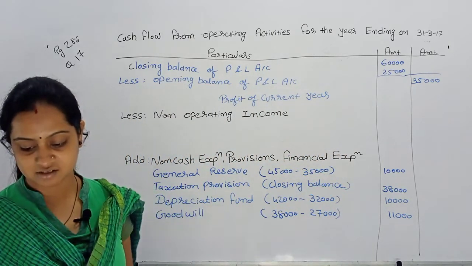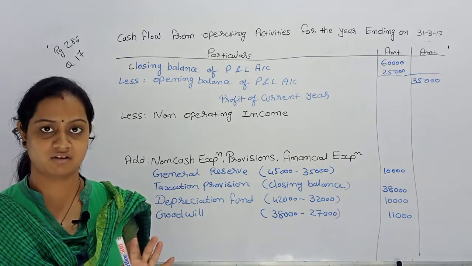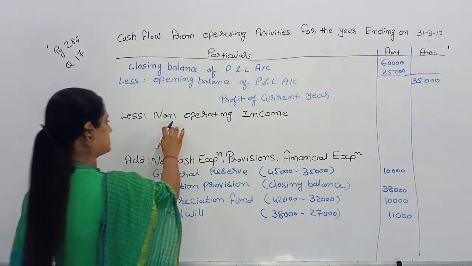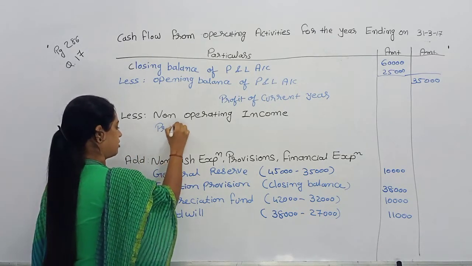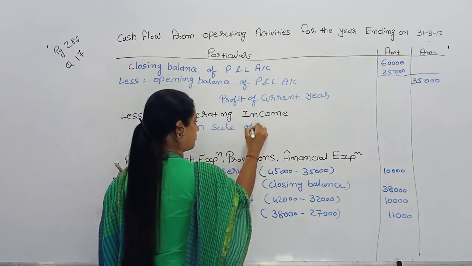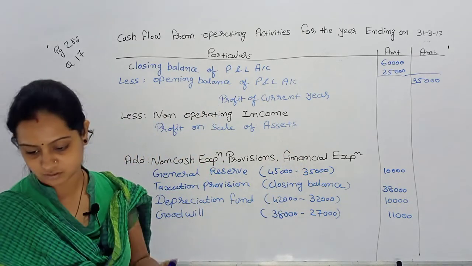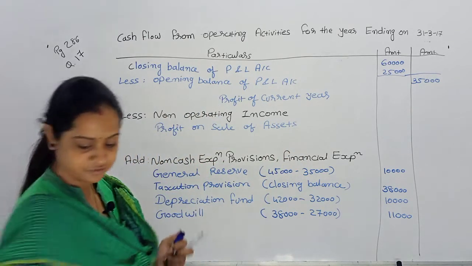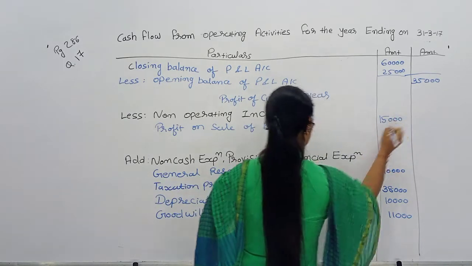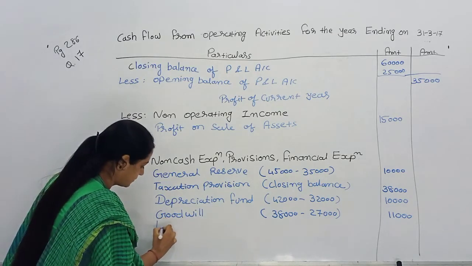Then debtors, creditors, outstanding expense, prepaid expense, those we will not write right now. Next, profit on sale of assets, that is non-operating income. Profit on sale of assets, amount 15,000. Then loss on sale of furniture, loss we will write here.